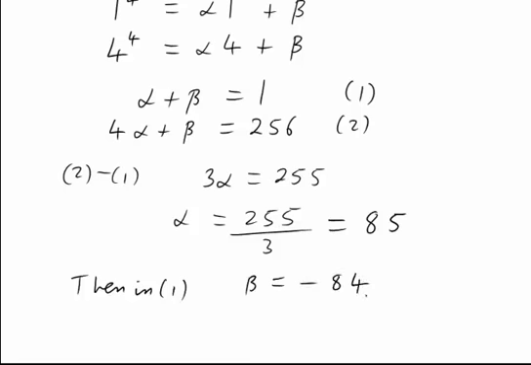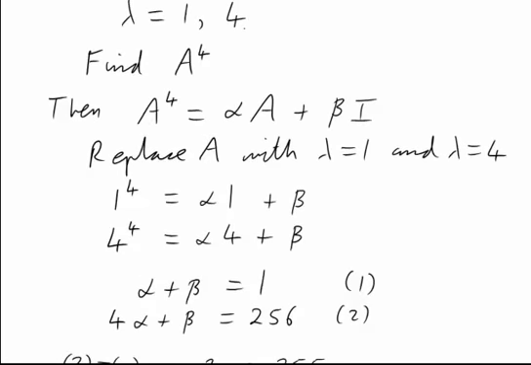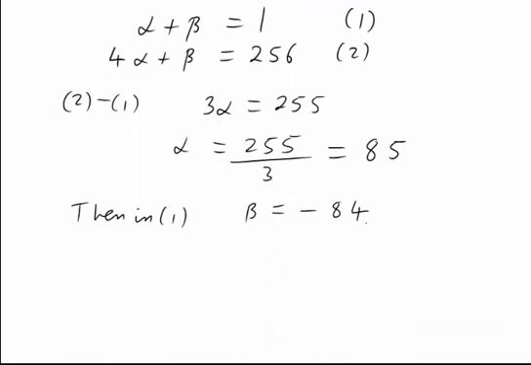We've found the alpha and beta. If we now go back and look at our equation for a to the 4th, we can simply substitute the alpha and beta. So that's 85a minus 84i. So a to the 4 equals 85a minus 84i.